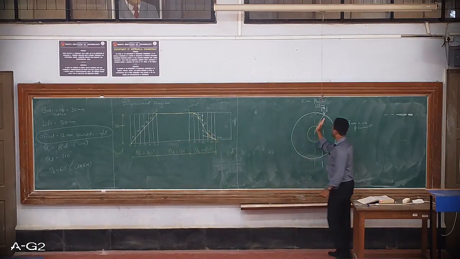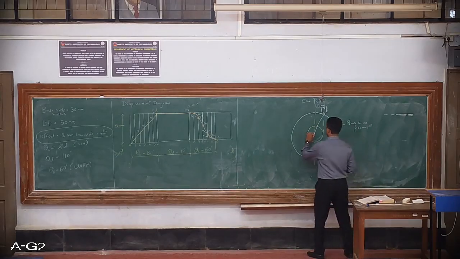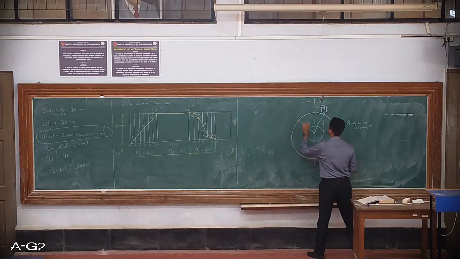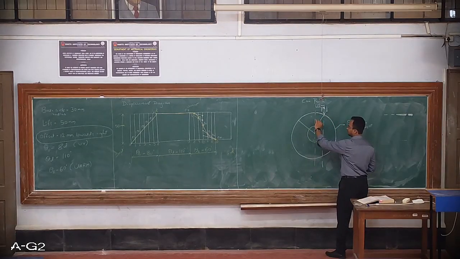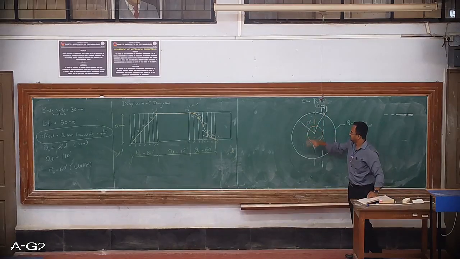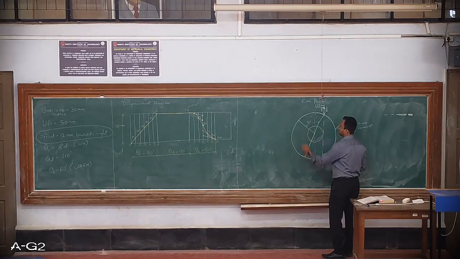So starting from this line, I will first draw the rise stroke, which is of 80 degrees. So I will show the angle over here. This complete angle is your rise stroke, that is 80 degrees from here to here. Then you are having a dwell stroke of 110 degrees, somewhere over here.